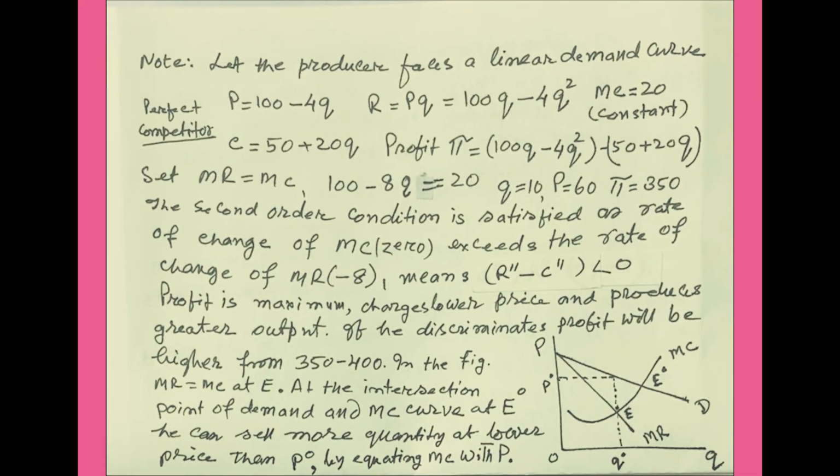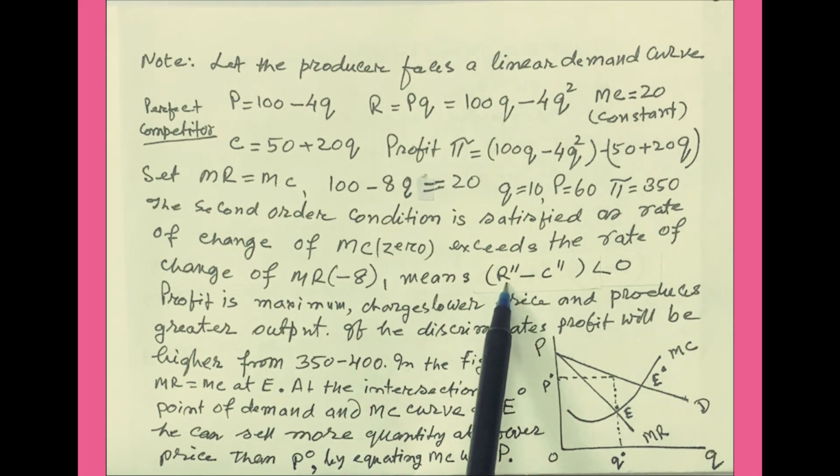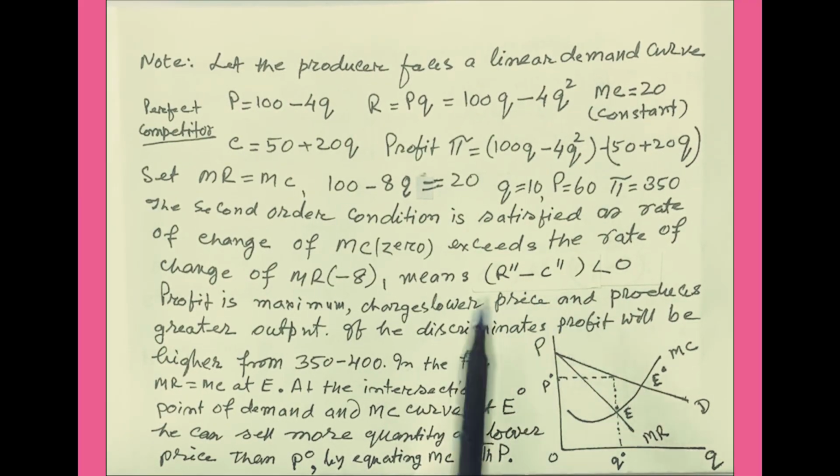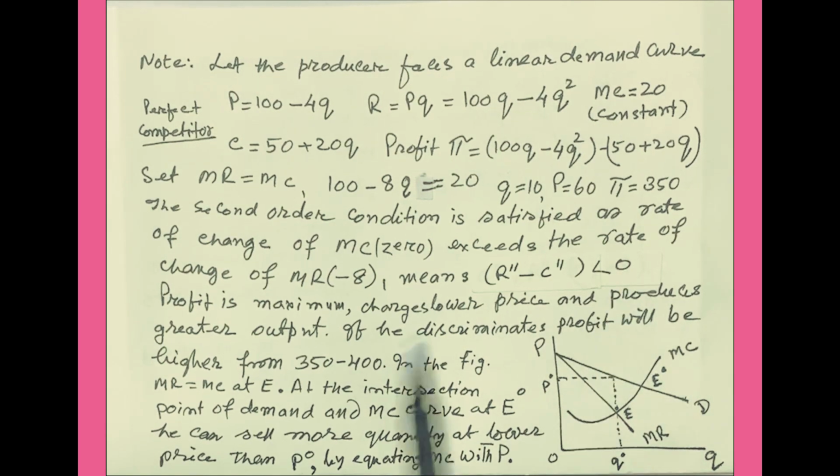Now the second order condition is satisfied as the rate of change of marginal cost exceeds the rate of change of marginal revenue. Marginal revenue slope is negative and marginal cost slope is 0, so we consider it as positive. The rate of change of marginal revenue minus the rate of change of marginal cost is negative.